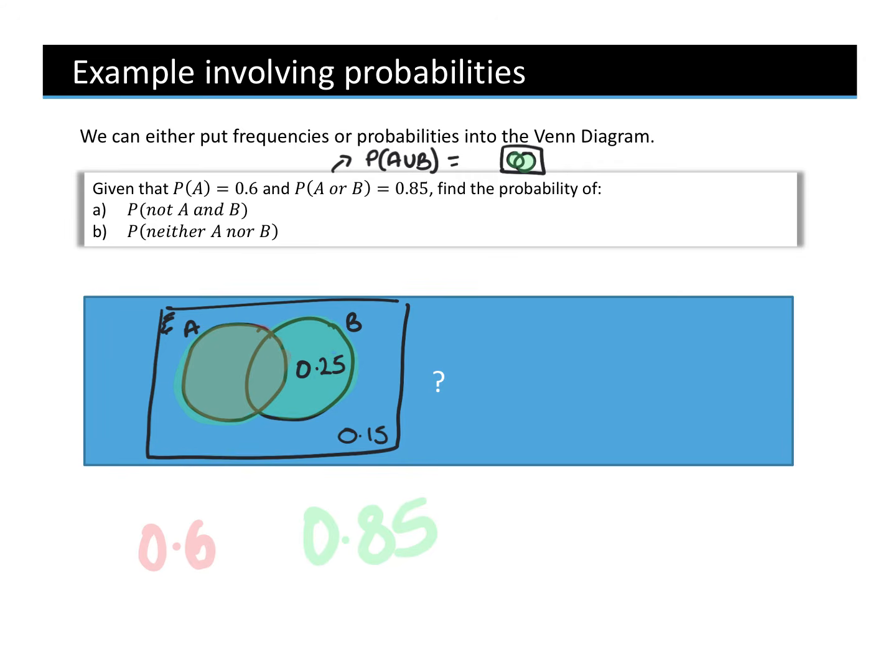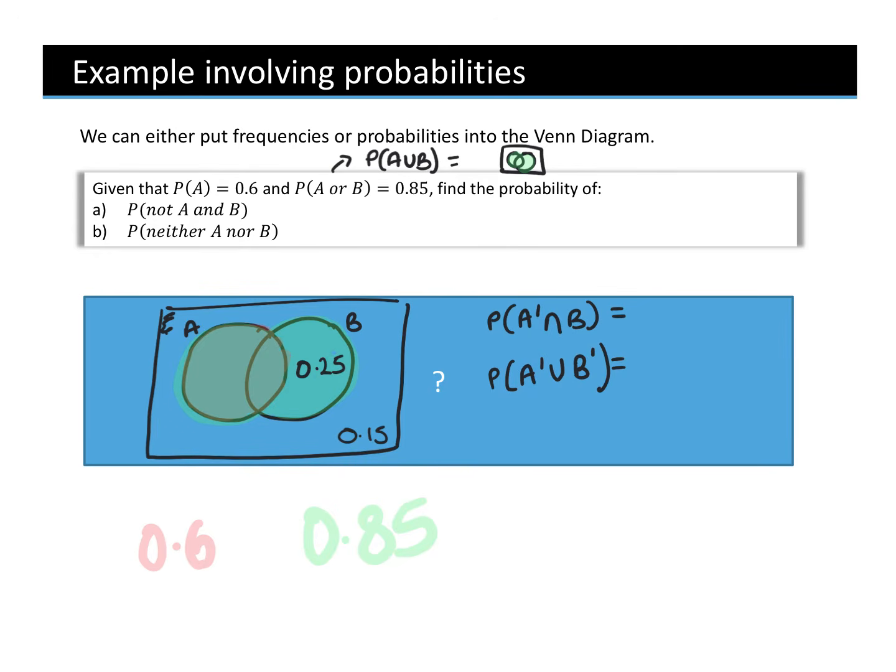So, it says here, find the probability of not A, so this is the probability of A dash, and, which means intersection of B, the first question. And then part B wants the probability of not A or, which is union, not B.